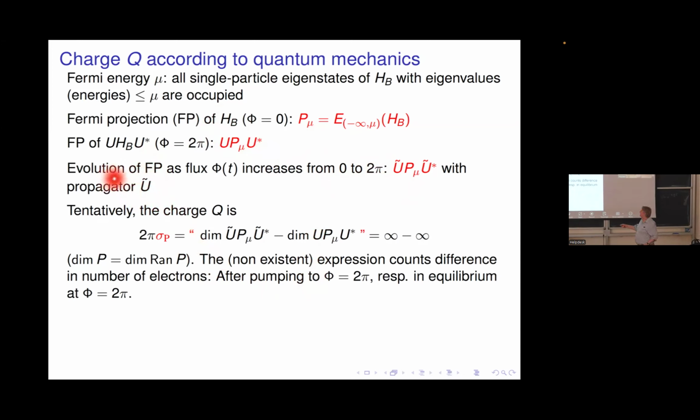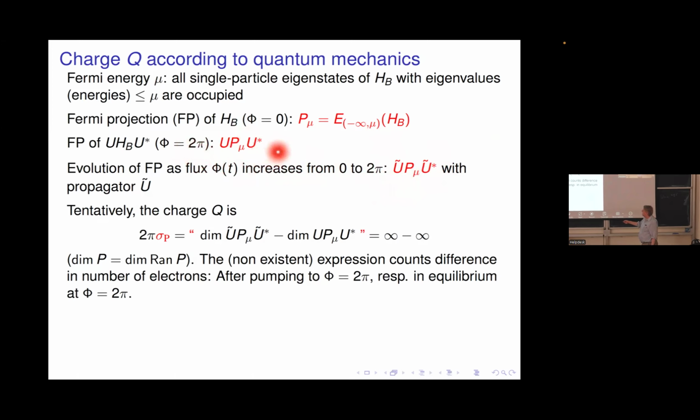But we are interested in the final time when the flux 2 pi has been reached, and then the state so obtained is obtained by this conjugation here, from P, by U tilde, not by U. That's a different thing. That's just the final state we get. It's not the equilibrium state that we would have if the flux had been at the value 2 pi since then.